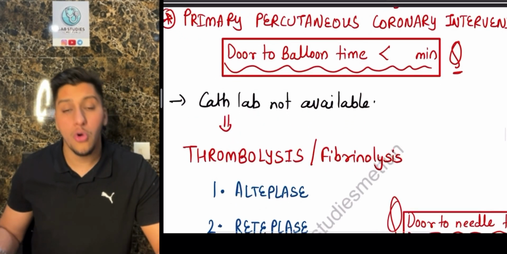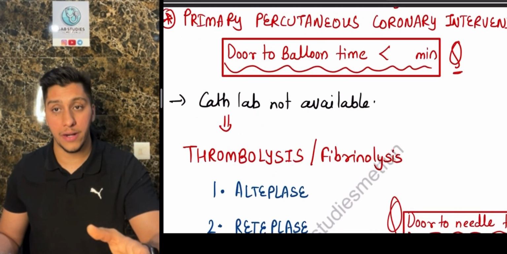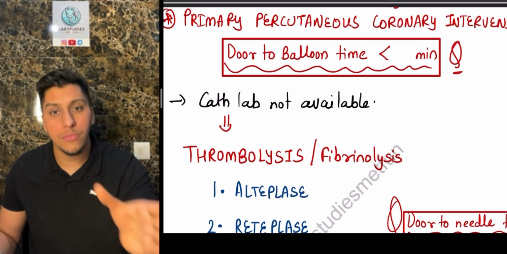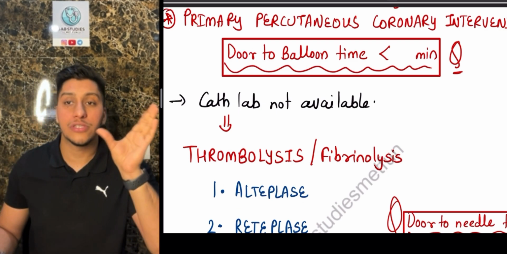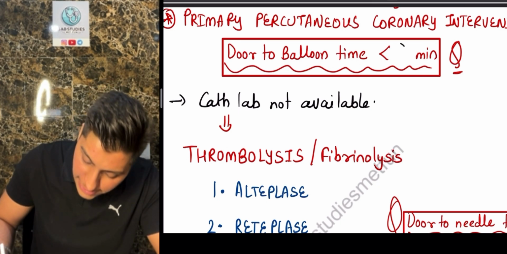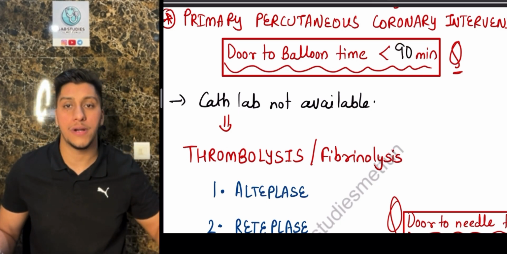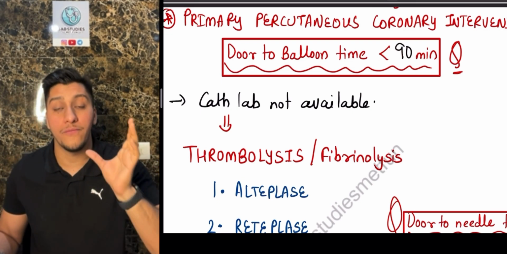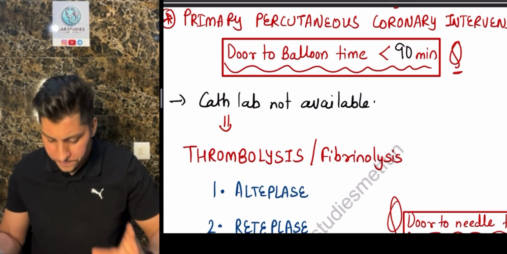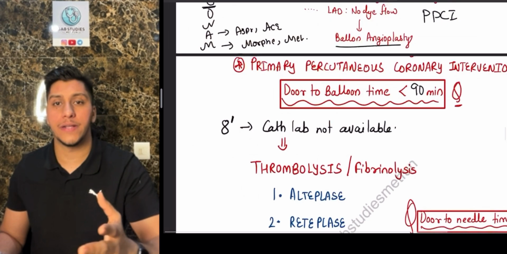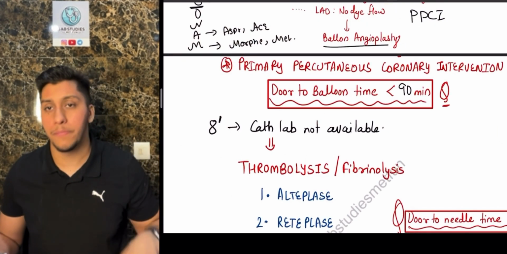The moment the patient comes to the hospital, from that time to putting the balloon, which means door to balloon time, should be less than 90 minutes, which means the time the patient came to the hospital till the start of this procedure should be within 90 minutes. Now, most of the hospitals don't have this method, the PPCI.